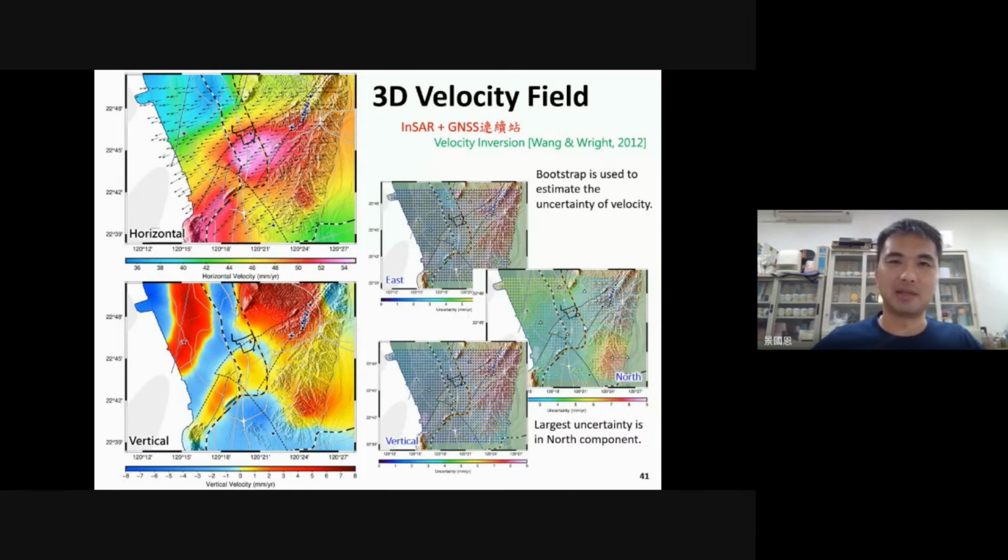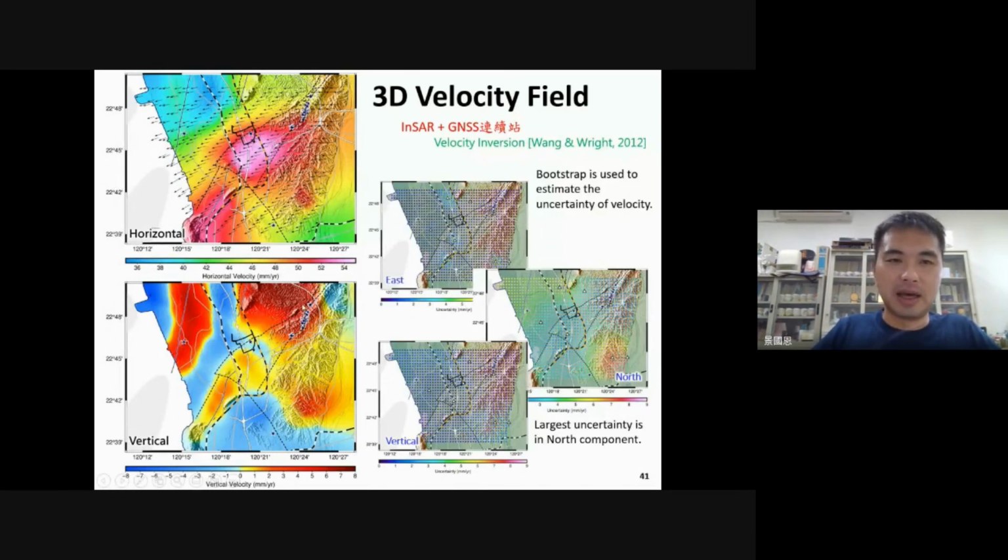The reason is simple: InSAR is line of sight velocity, so it means the most information is not in the north component. It could get the information from east and the vertical component. So that's the reason we could get a good reliability in east and the vertical component, but poor resolution or poor reliability in north component.